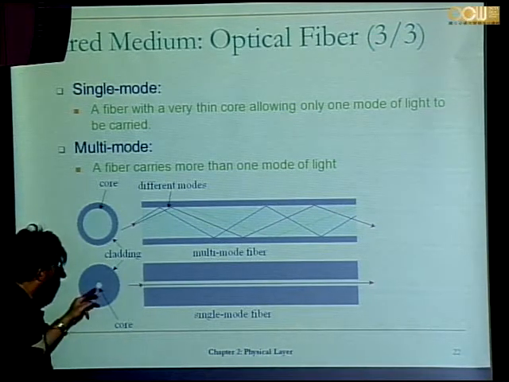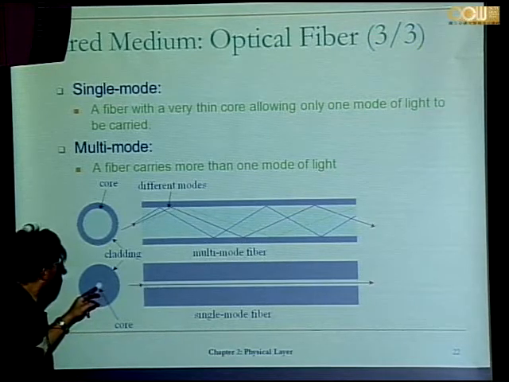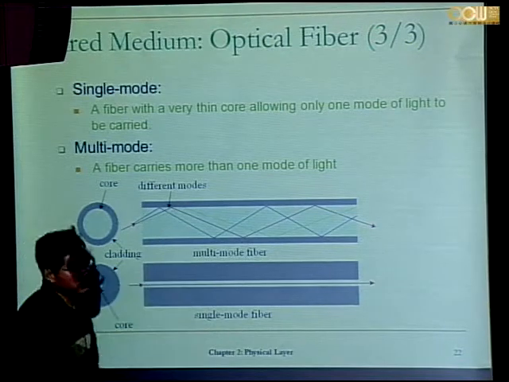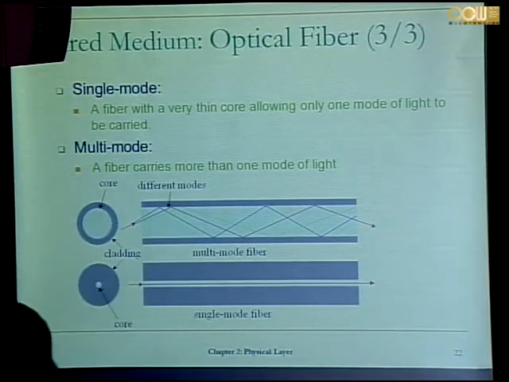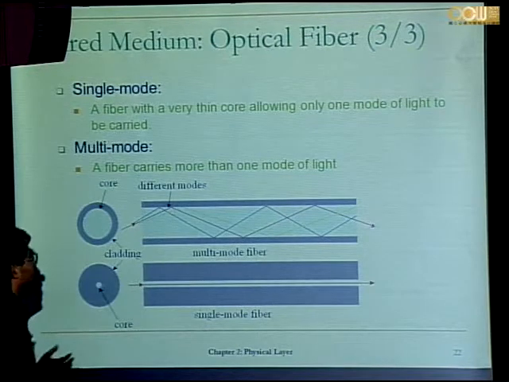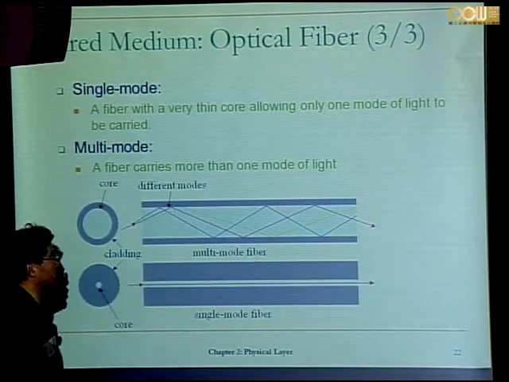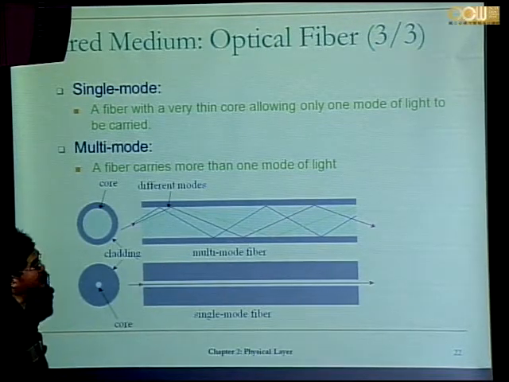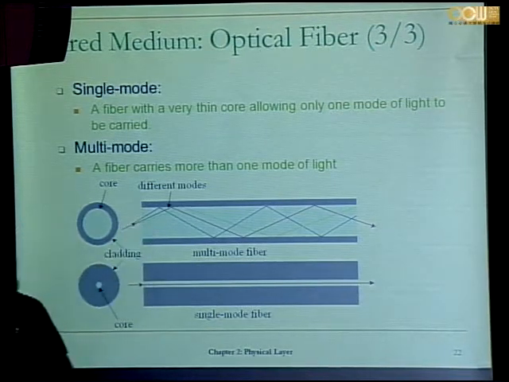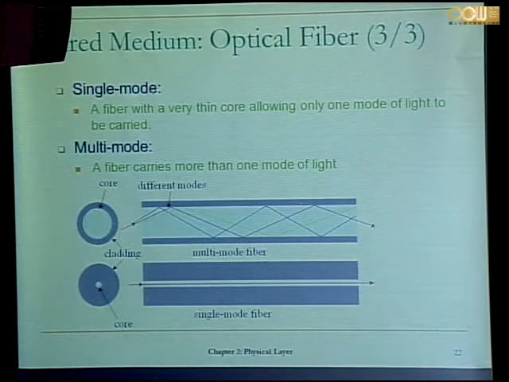However, if the core is thin enough, then you don't need to rely on total refraction. The light can travel in a straight line, almost straight line. And the virtue of traveling in a straight line is that you have less energy loss compared to the internal refraction, where you would have some energy loss.